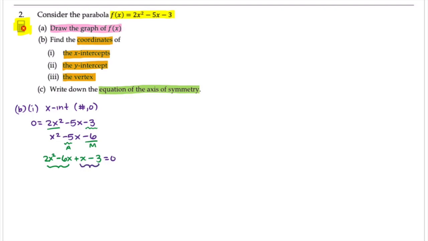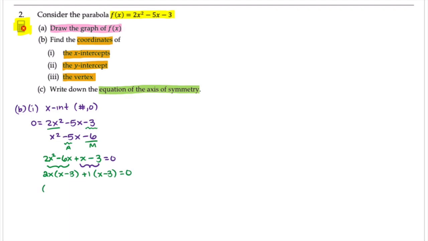I'm going to factor my front piece by taking out that GCF, which is 2x, leaving me with (x - 3). I'm going to take out the GCF for the back, which is just a positive 1, giving me that (x - 3).